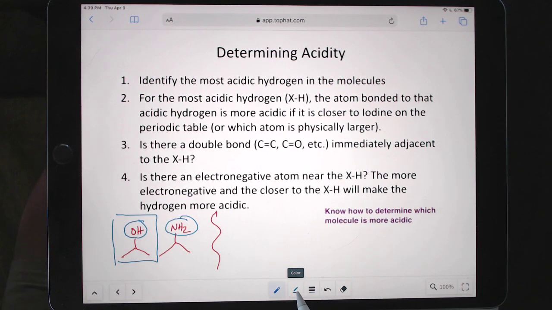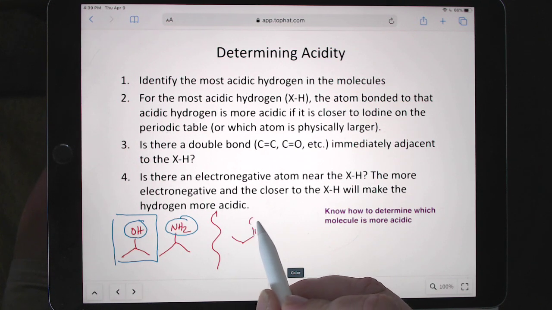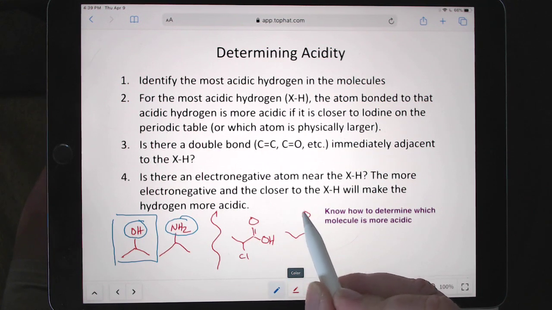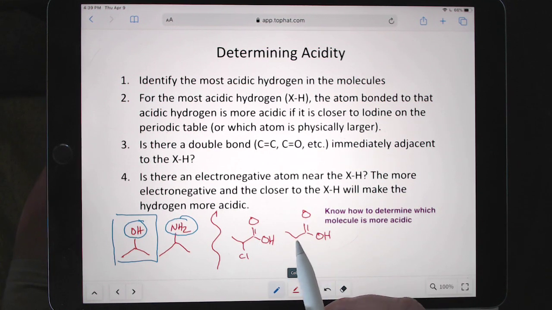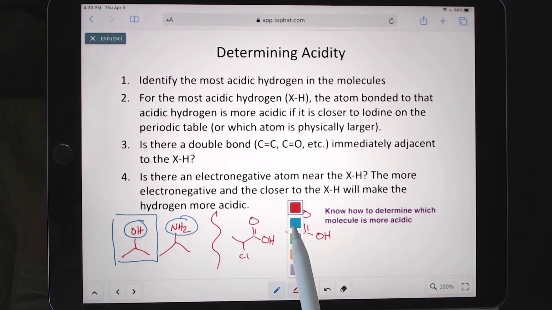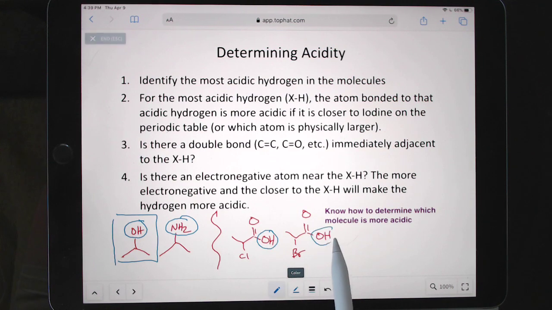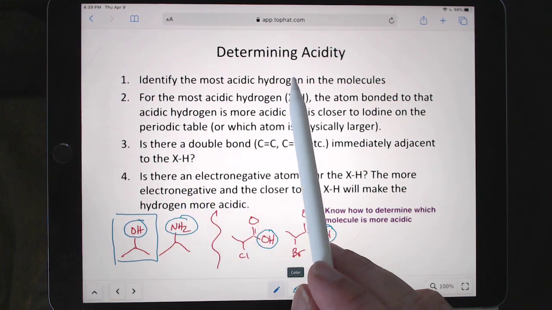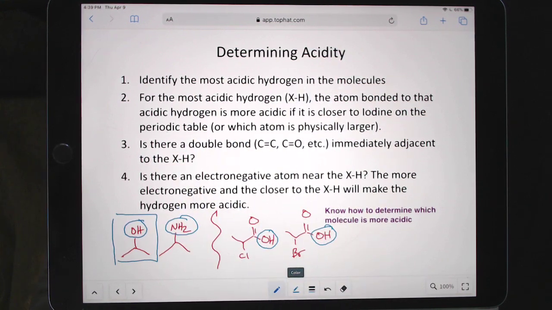Okay, now another one you can look at. If you look at these two, the most acidic hydrogen on these is going to be here and here, that's the hydrogen that's not on the carbon. They're both the same, OH, so that's a tie. Now, do they both have pi bonds next to it?